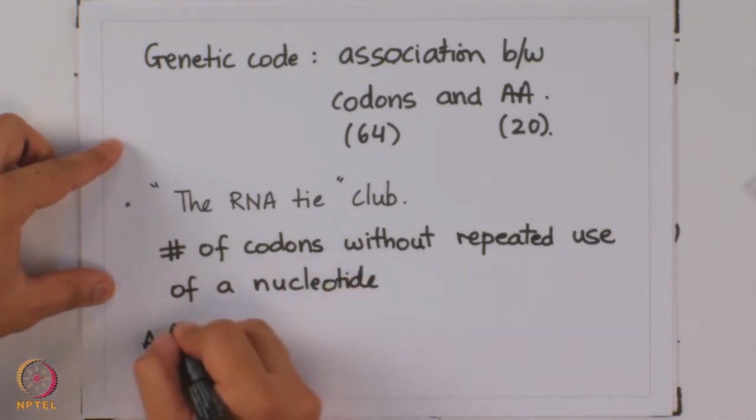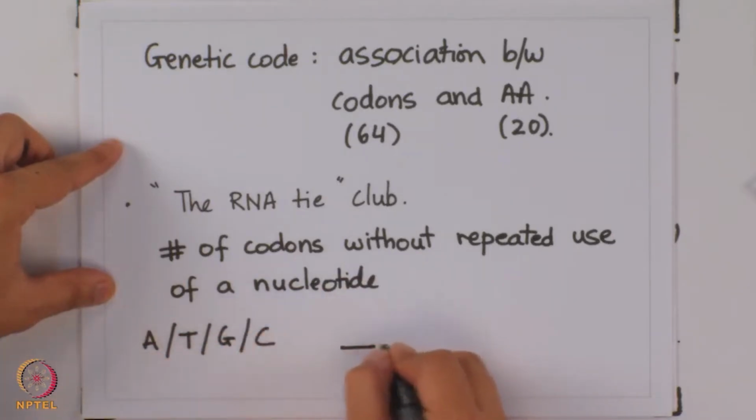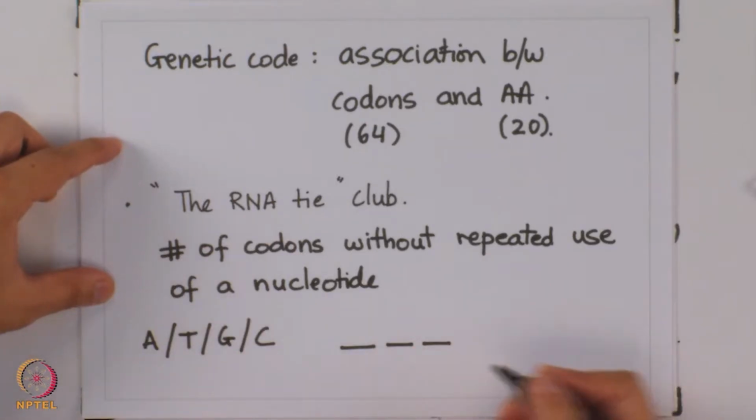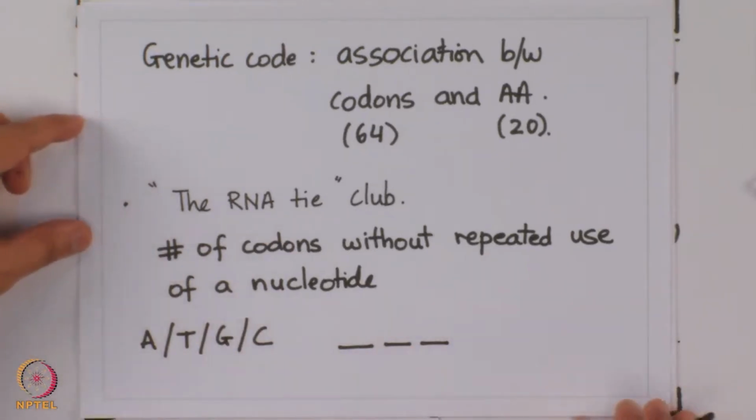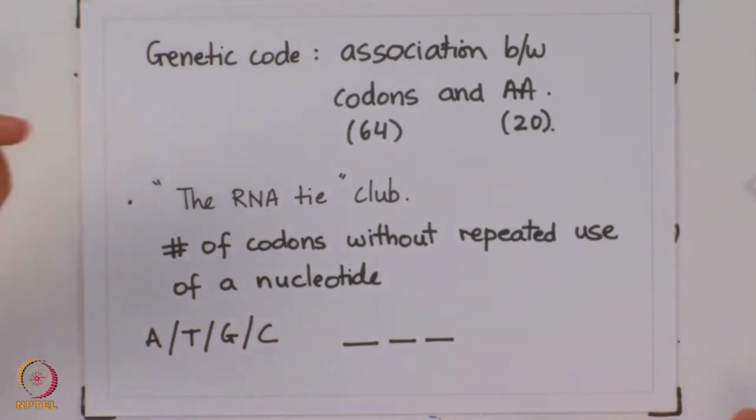Our monomers are A, T, G and C, and we are interested in forming a codon, but repeated use this time is not allowed, which was one of the approaches that people in the RNA Tie Club thought would lead them to the answer towards the genetic code.